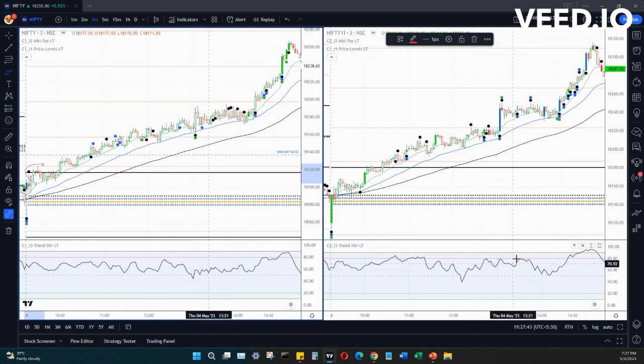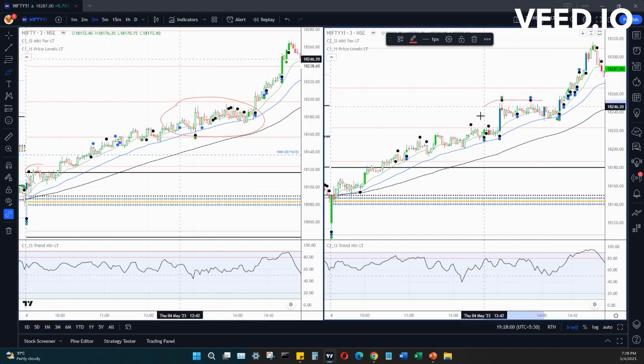And also look at the trend meter. It is close to the red zone, so we do not get into long positions when the trend meter is near the red zone. The price started to consolidate, as you could see, on both these charts. And since morning, the trend has been to the upside.